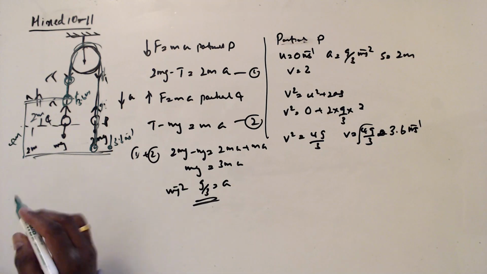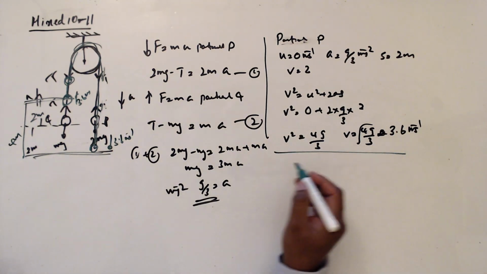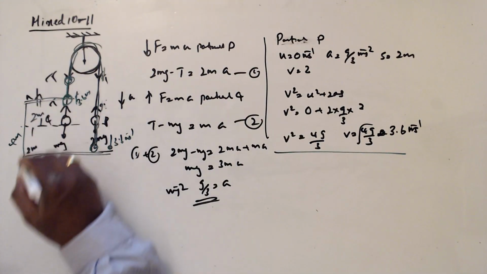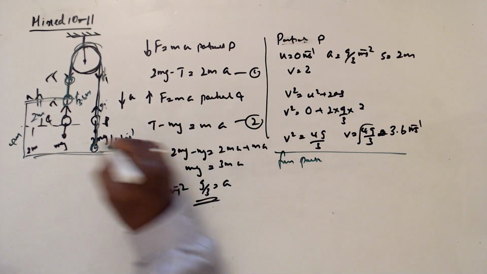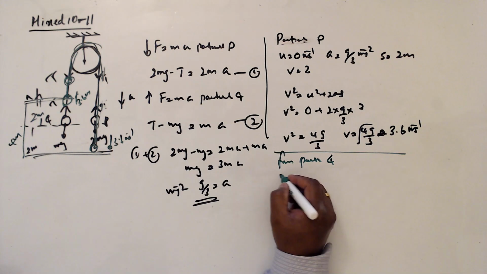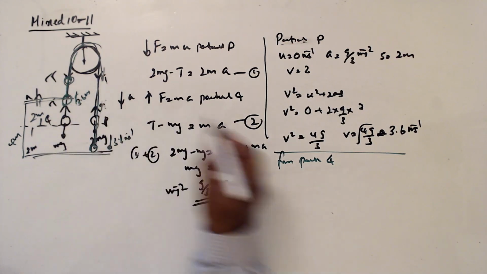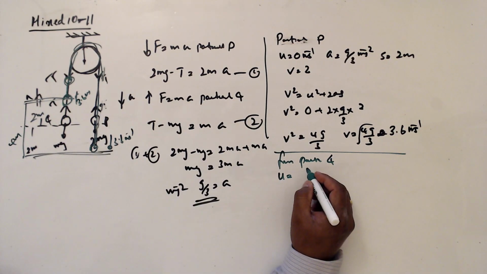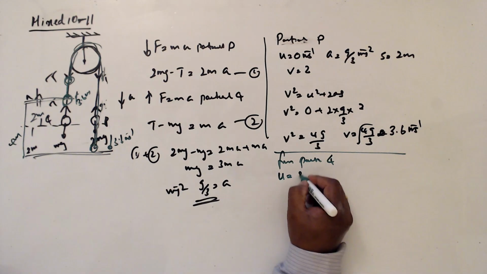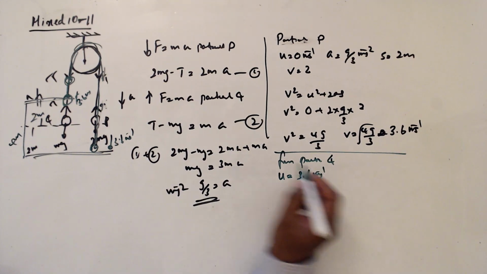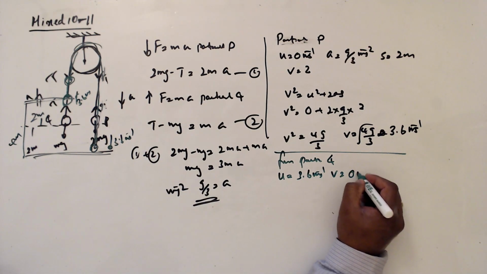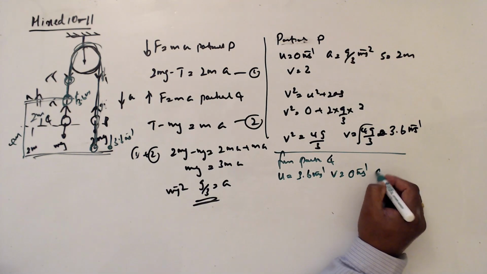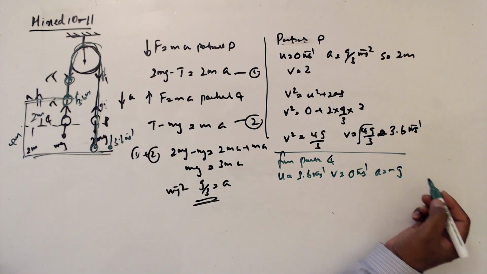Now we need to find this distance. So for particle Q, it moves under gravity. The initial velocity is 3.6 m/s, the final velocity is 0, and acceleration is minus g.